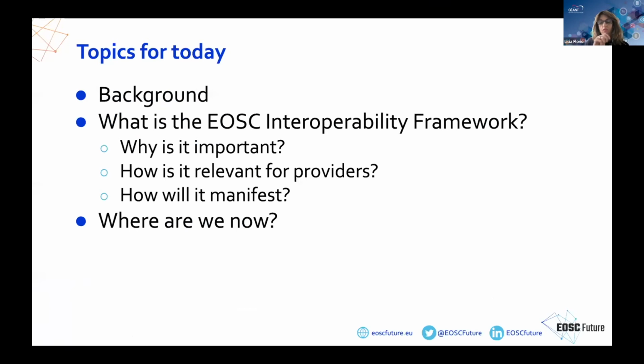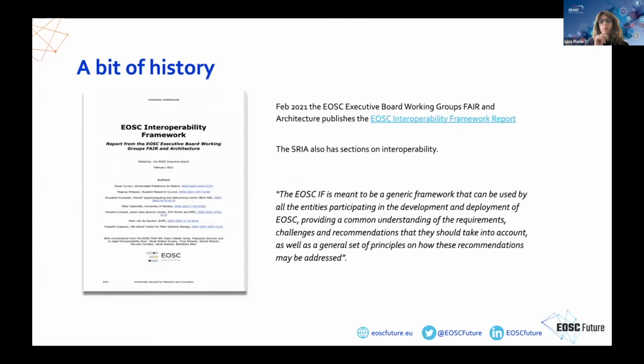So I want to give just a little bit of information on the motivations that brought us where we are now. It will not be a lot of background, but it's good to know what was there already and why we are here and where we are now effectively and what we are working on. So just very briefly, I think everybody has seen the Interoperability Framework report from the EOSC Executive Board Working Group FAIR and Architecture.